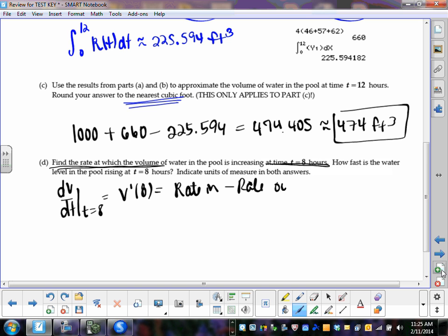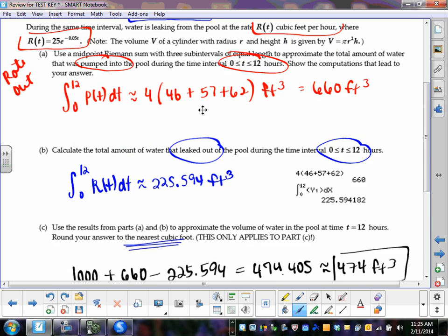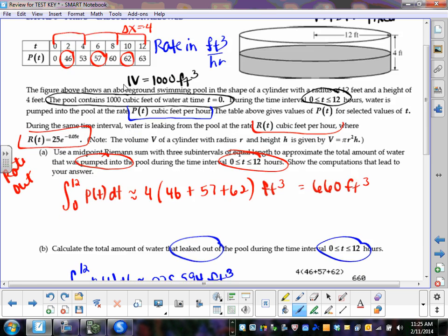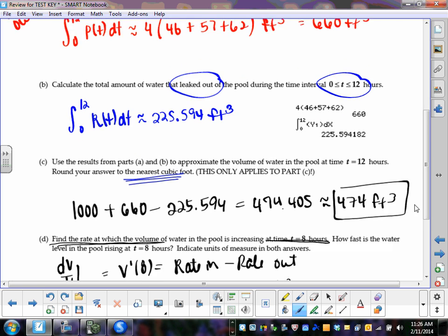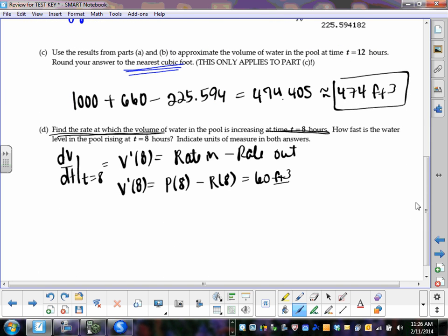That's your overall change in volume. So the change in volume at time 8 is the rate in at time 8, minus the rate out at time 8. The pumped in at 8 is in our table of values, is 60 cubic feet per hour. Minus R of 8, which I need to get on my calculator.